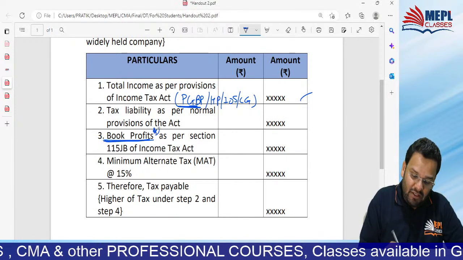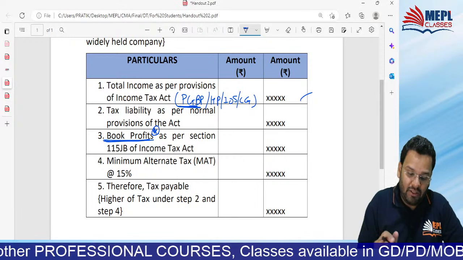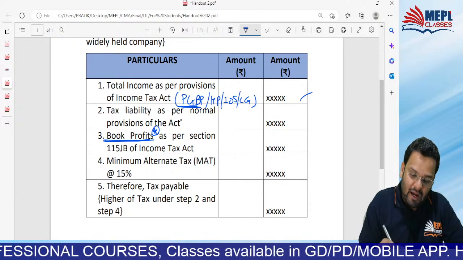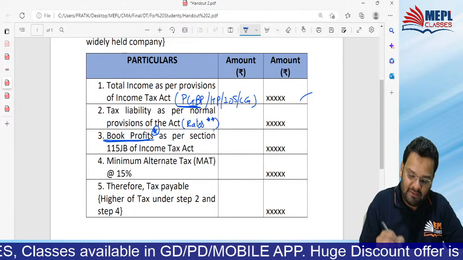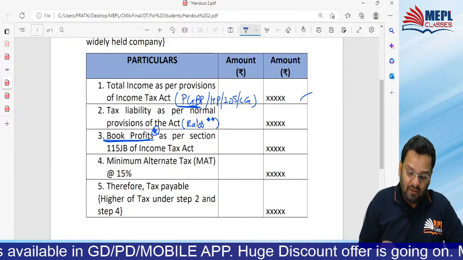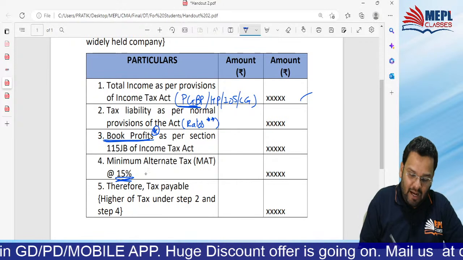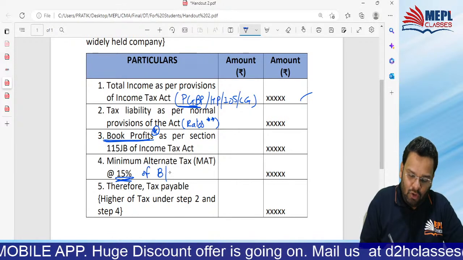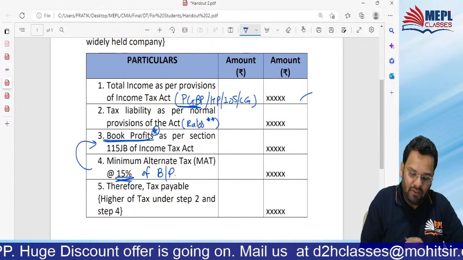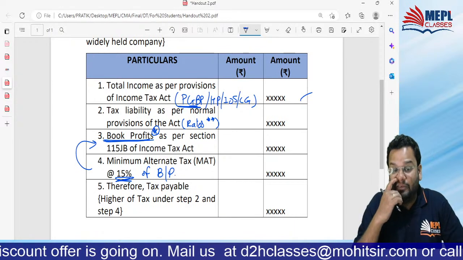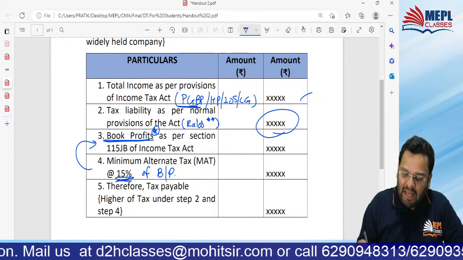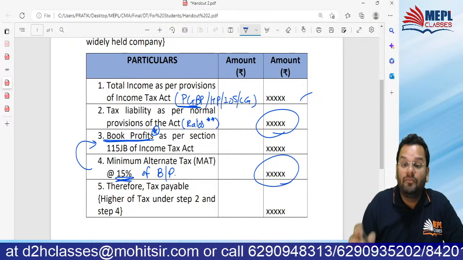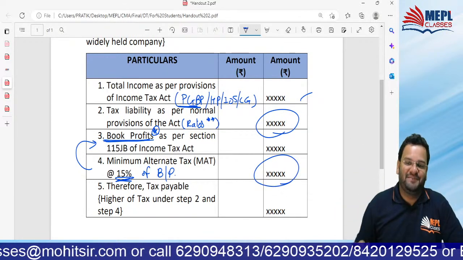We will specifically discuss how to calculate these book profits. Then you will calculate MAT at 15% of the book profits, and your final tax payable will be normal tax or MAT, whichever is higher.